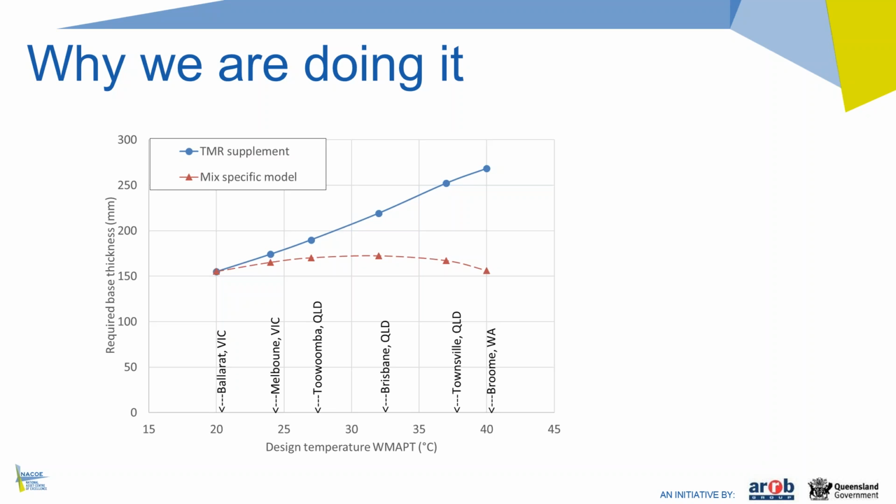And that is a long story to get to what the mix-specific model shows. So when we start fitting these mix-specific fatigue equations, we can actually show that we don't see that effect, well, for this particular mix that is.